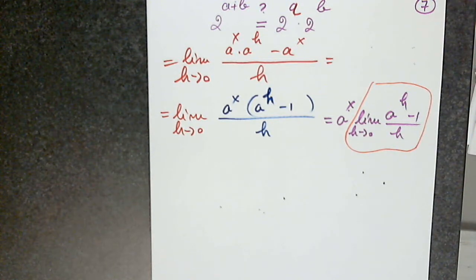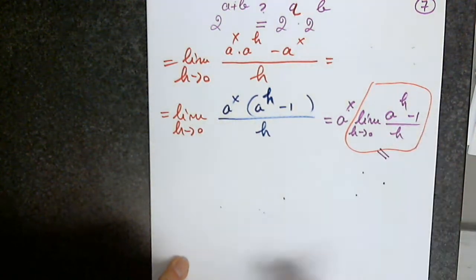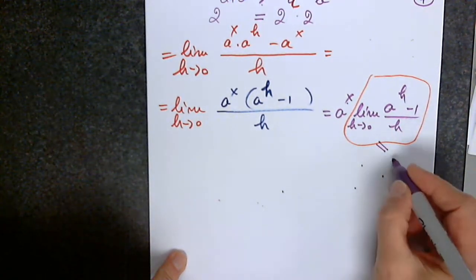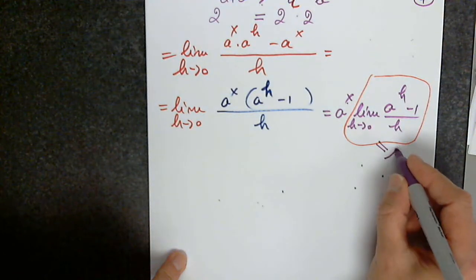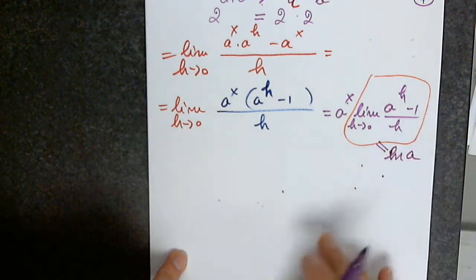What should I get? Okay, how much is natural log e? So let's come back and make a decision then. What does this equal to? What was it? Natural log a.